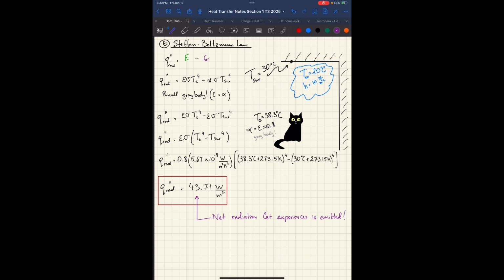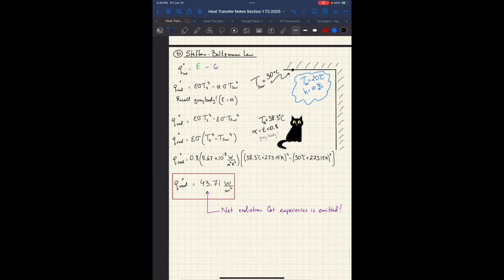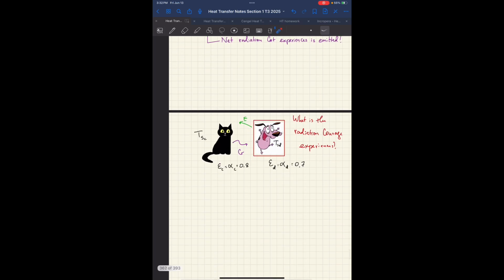Okay. A student asked me in a previous trimester, what if instead of the surroundings, we had, let's say, a cat and a dog?